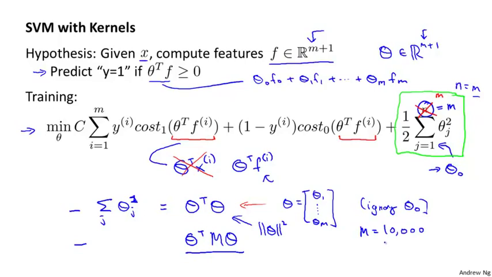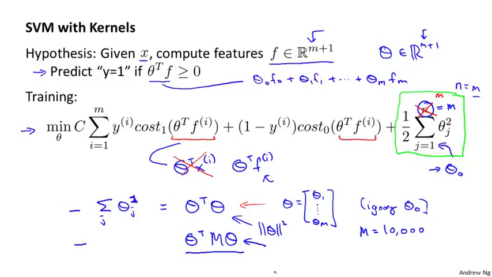That's solving the minimization problem that I drew here. So as a mathematical detail, which again you really don't need to know about, it modifies that last term a little bit to optimize something slightly different than just minimizing the norm squared of theta. But if you want, you can think of this as an implementational detail that does change the objective a bit, but is done primarily for reasons of computational efficiency. So you usually don't really have to worry about this.